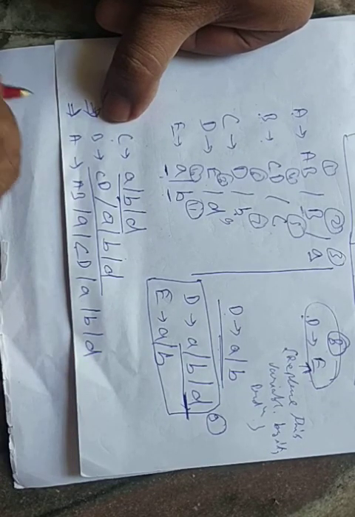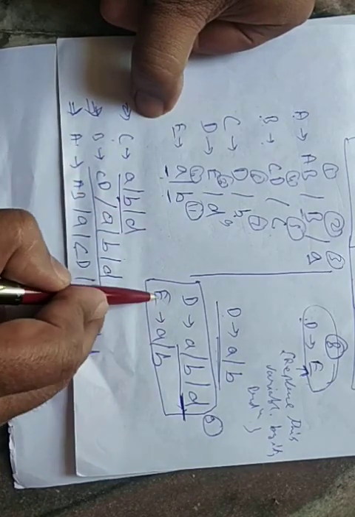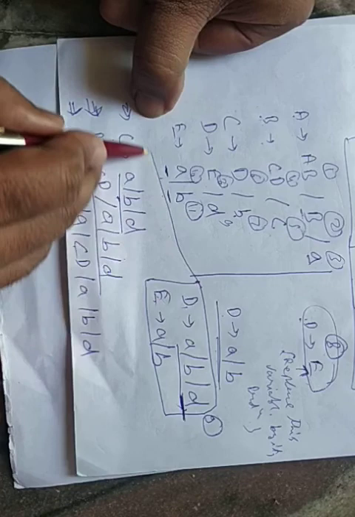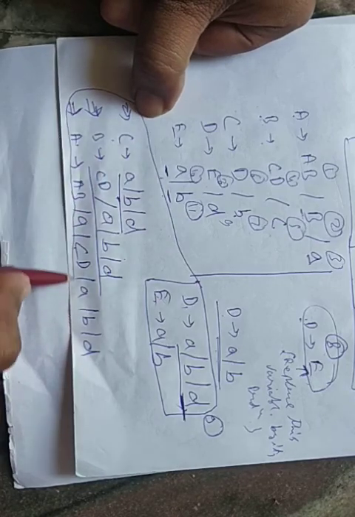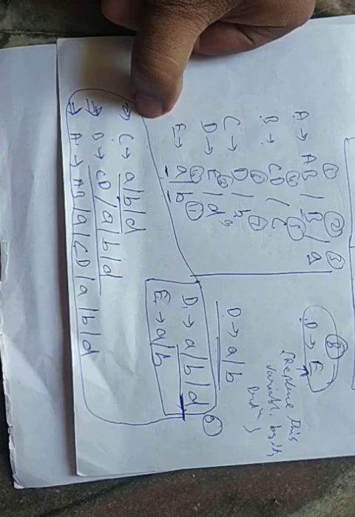So the total number of rules we have are for A, B, C, D, E. This is our new grammar. So I hope you got how to identify whether a particular grammar has unit productions and how to remove them.